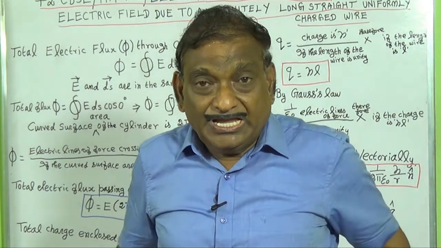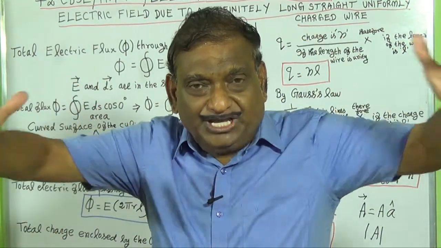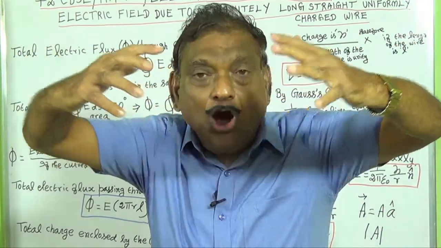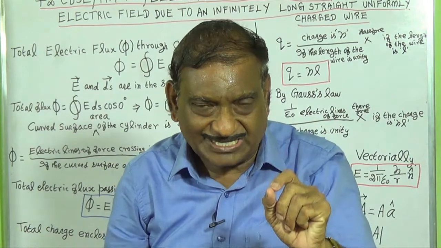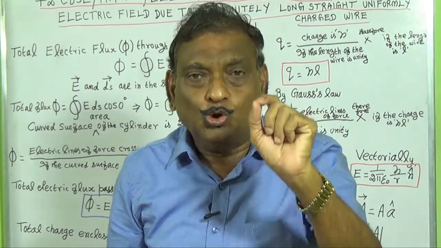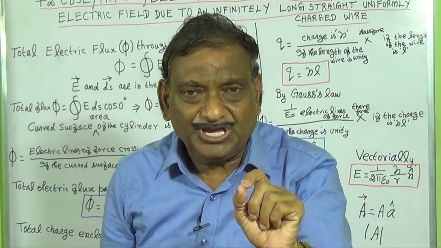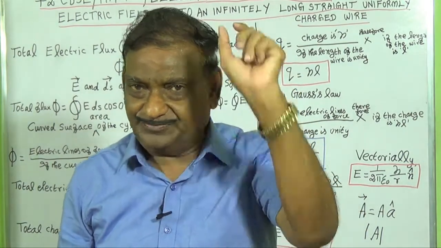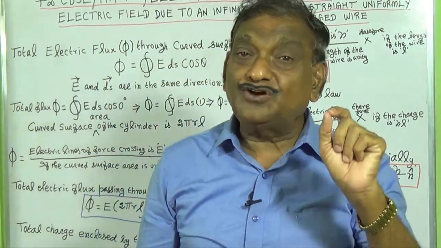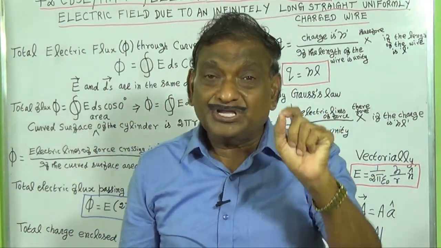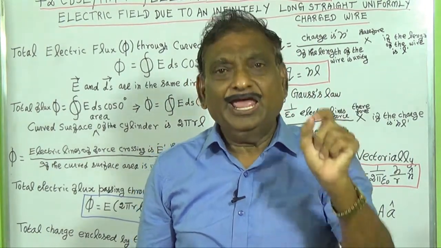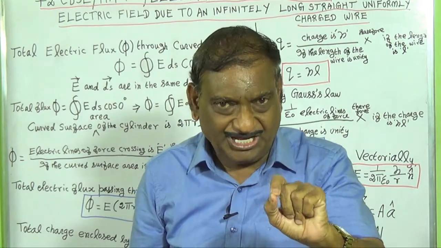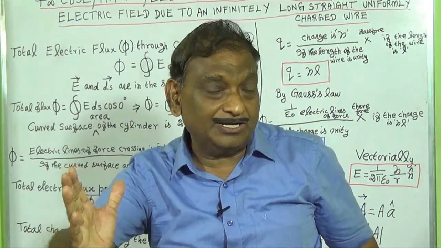If we integrate all the small areas ds, we will get the total curved surface area of the cylinder. What is the formula for the curved surface area of the cylinder? The formula for the curved surface area of the cylinder is 2 pi r L.